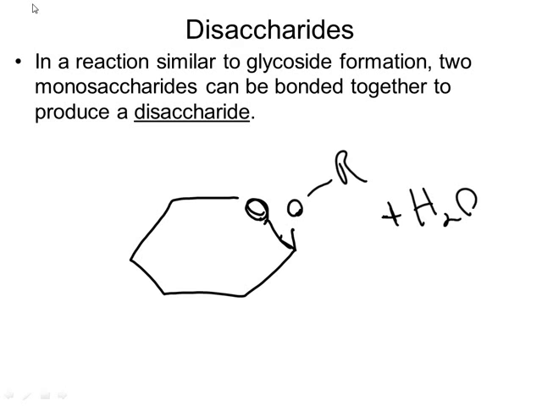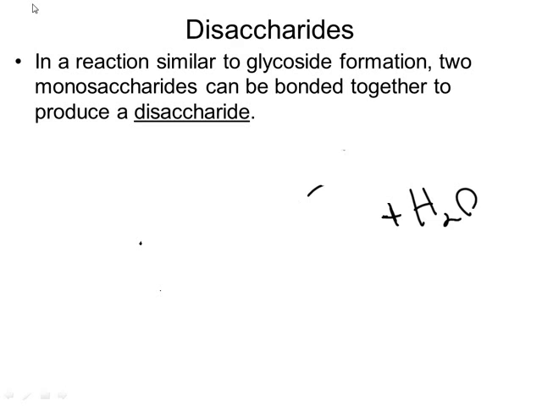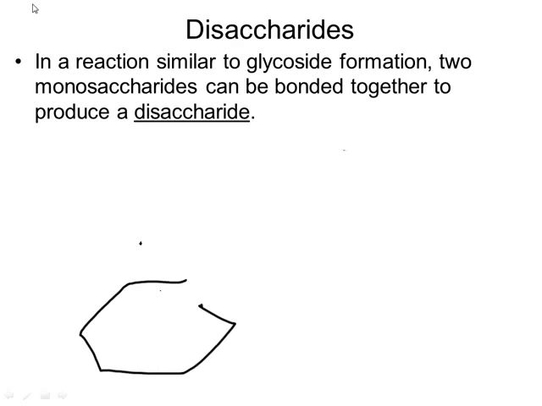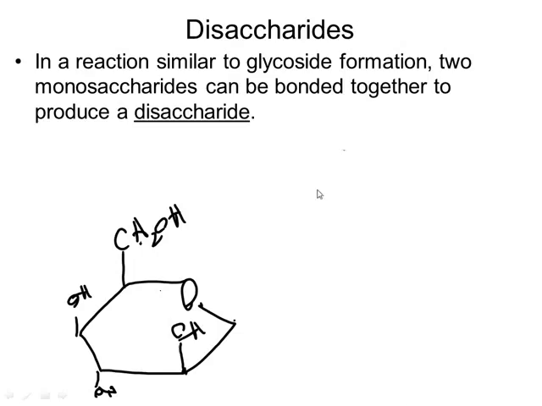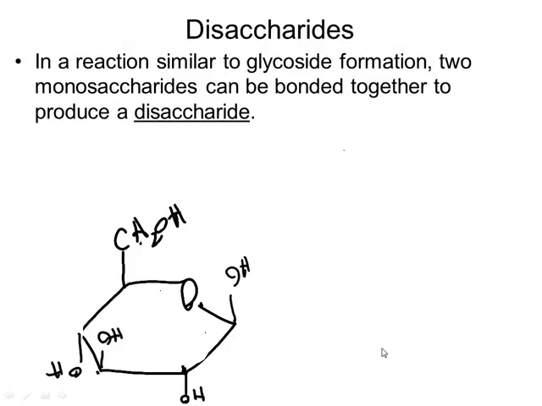But in the case of forming disaccharides and polysaccharides, imagine if R, so let me draw it down here. So we'll have our OH here, and this is the alpha configuration.